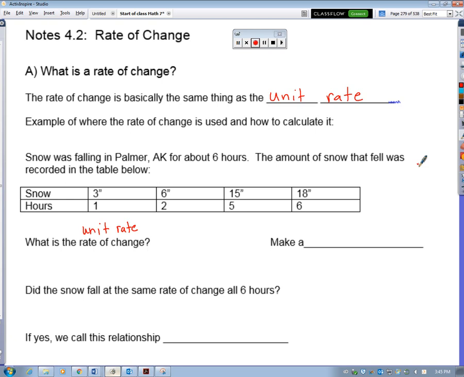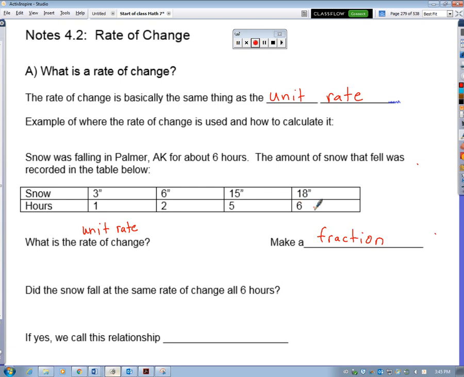Okay, so what we have to do, just like we did in 4.1, we are going to make a fraction. We need to take a look at these numbers, and we have to decide which number is going to be on top of our fraction and which one is going to be on the bottom, so we could do our division.